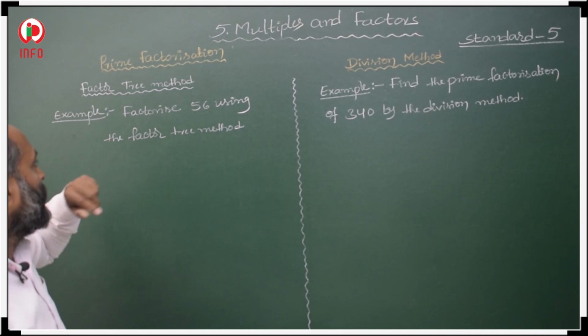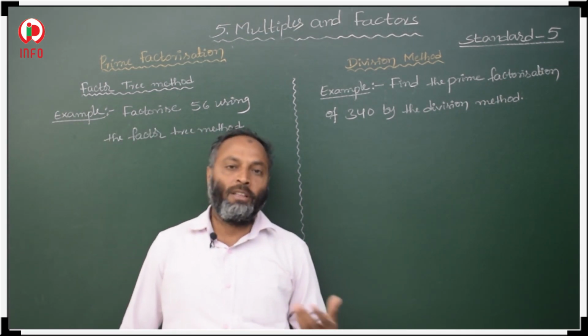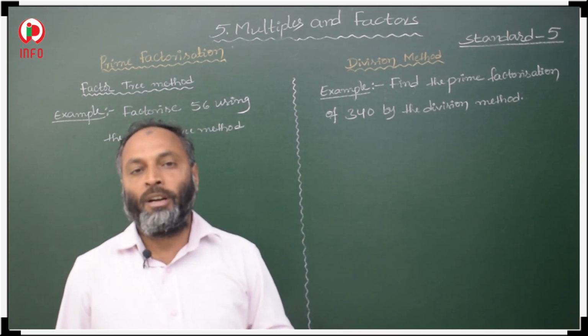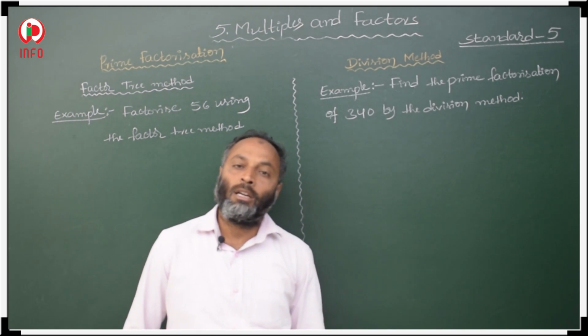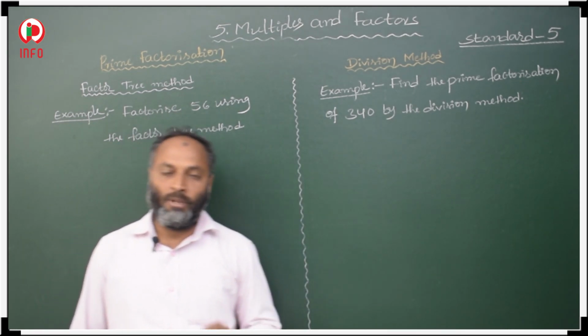Factorize. Prime factorization method. What is the prime factorization method? Whatever number is given, we have to write that number as a product of prime numbers. That is called the prime factorization method.